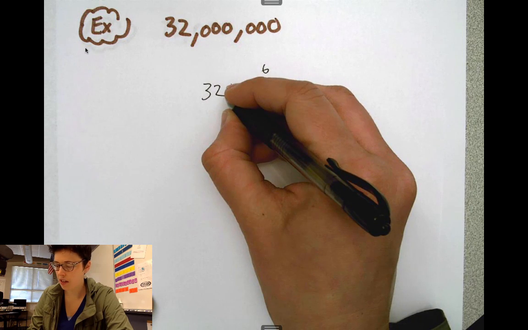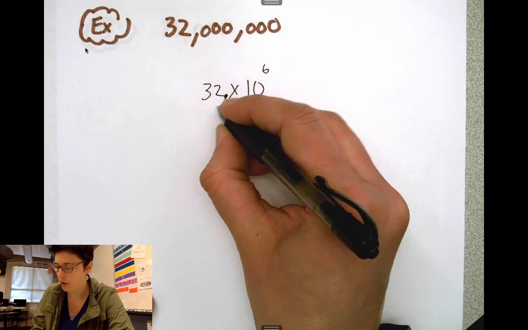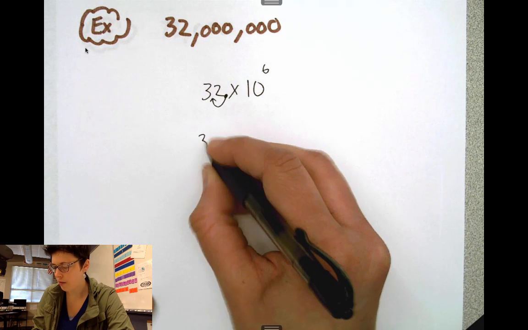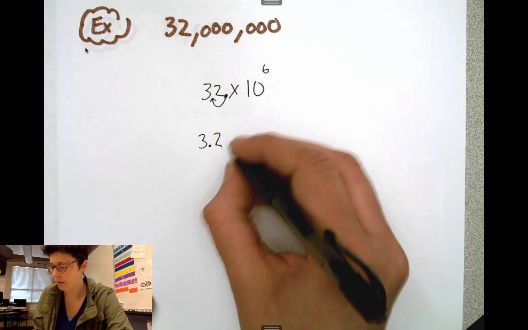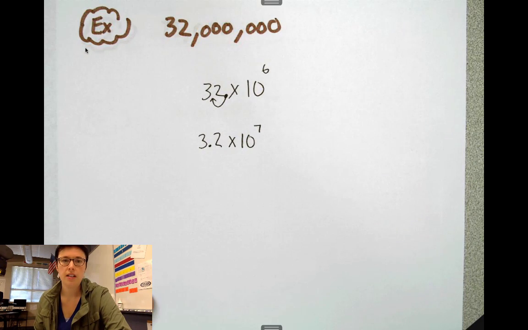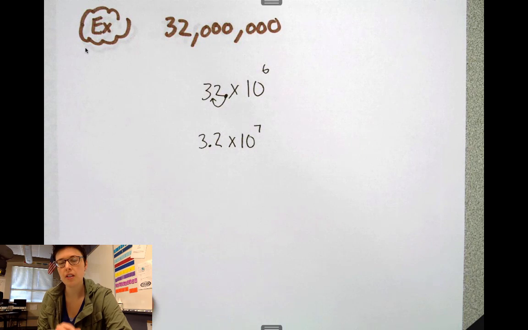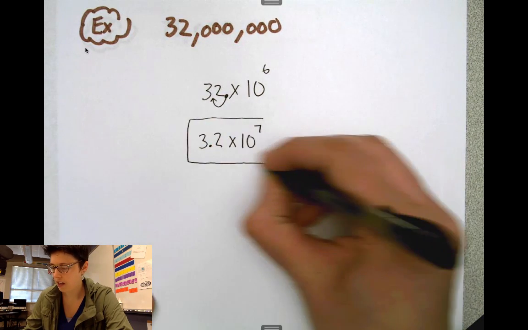Technically, 32 has a decimal point right here. If I wanted to, I can move it over one more time and call it 3.2. And by doing that, it changes the problem to times 10 to the 7th power by moving that decimal one more time. And this is how we want to write our scientific notation.